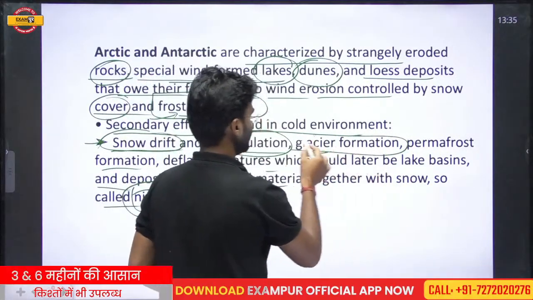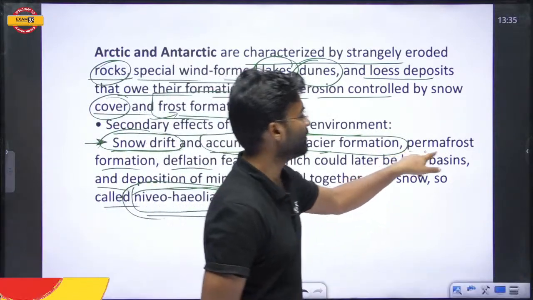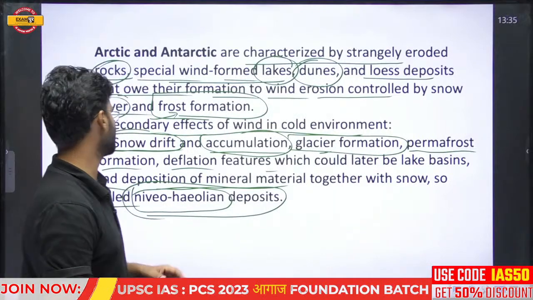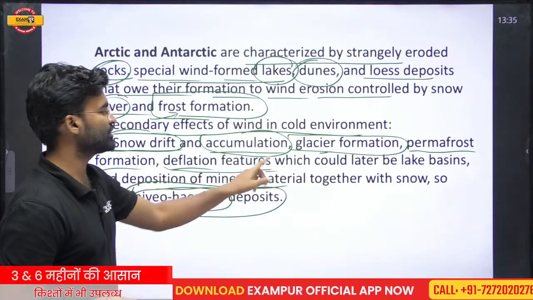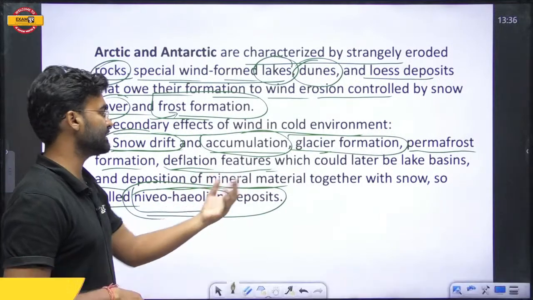Okay, glacial formation. This is also a formation for glacial formation. Permafrost: a region which is covered with cold, there is permafrost formation. Okay, deflation feature, there is a deflation feature. Lake basins are seen there.